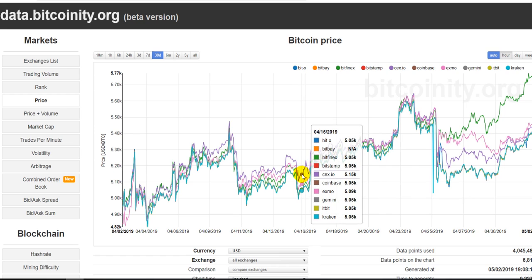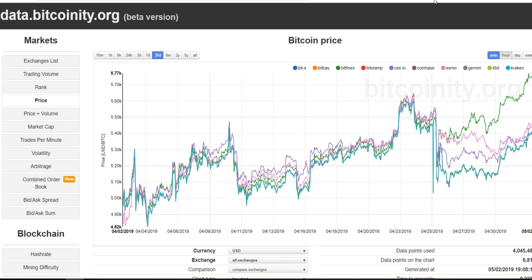So the price difference reflects that problem, that fiat currency is not freely transferable from or to these countries.